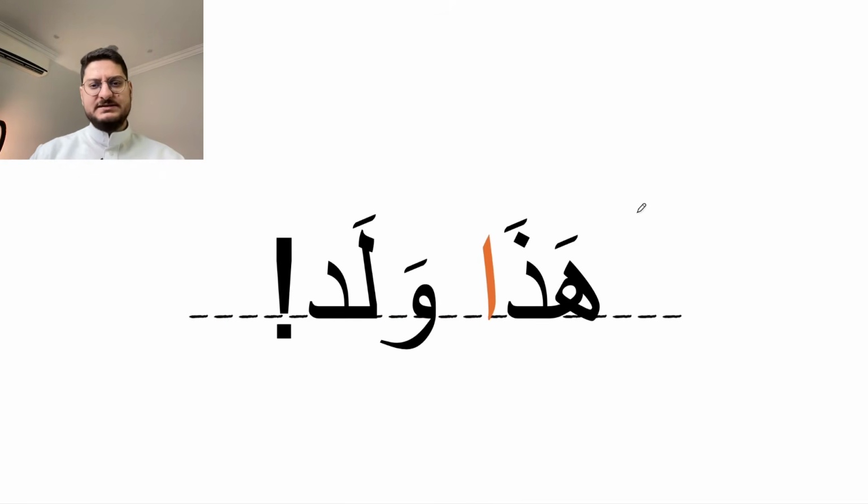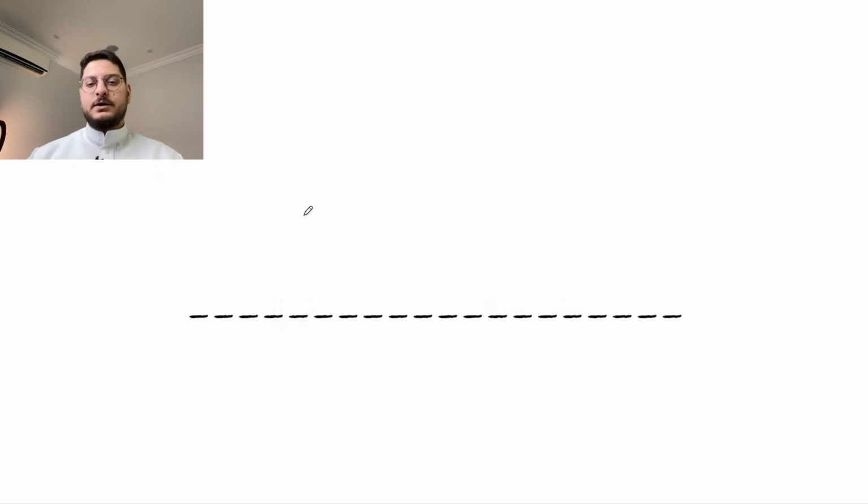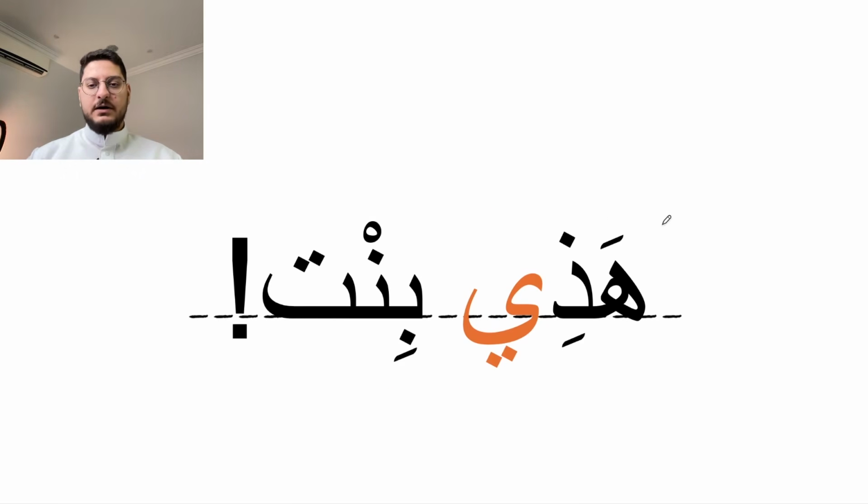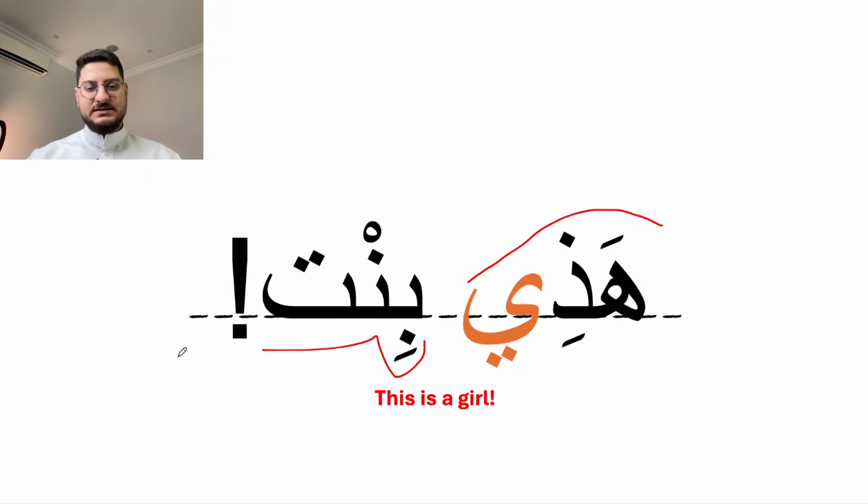Let's look at some sentences. So here we have هذا, this, ولد, which is a boy. So هذا ولد, this is a boy. Let's look at the next one. We have هذه, this, pointing at a female, and then بنت, which is a girl. So هذه بنت, this is a girl.